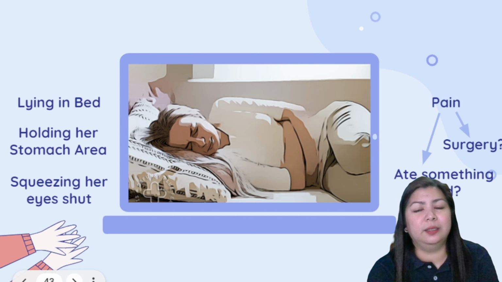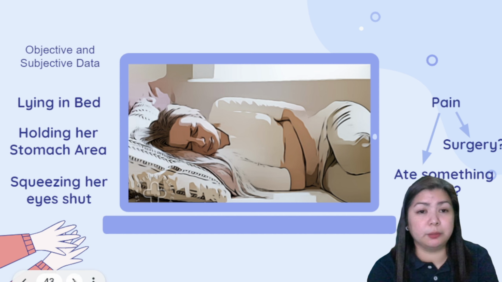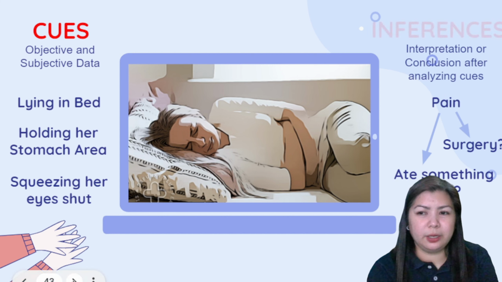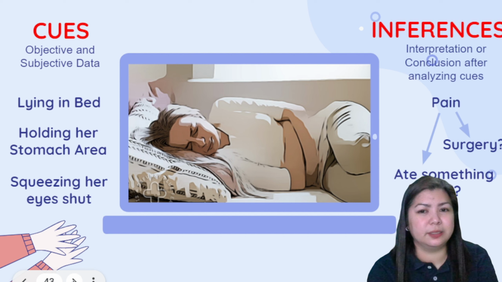This part here is your objective and subjective data. These are your cues. And your interpretation or conclusion after analyzing these cues are your inferences.